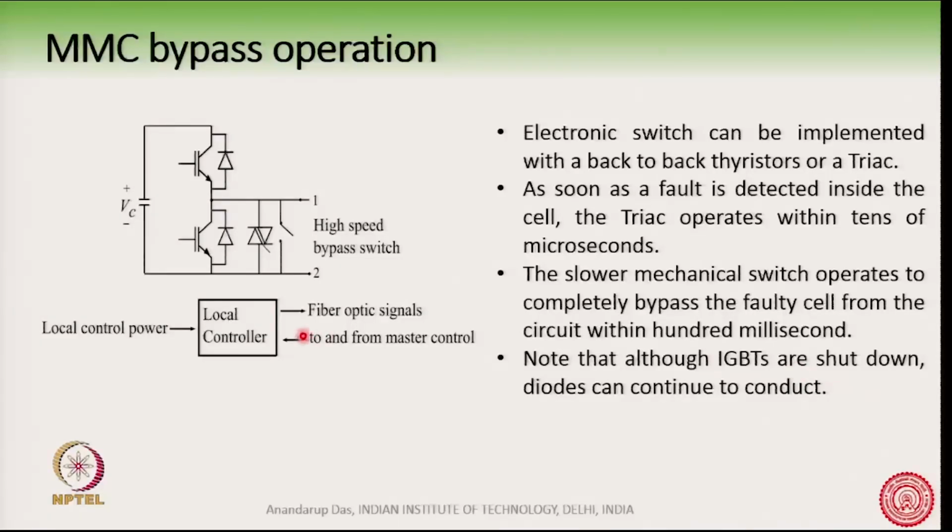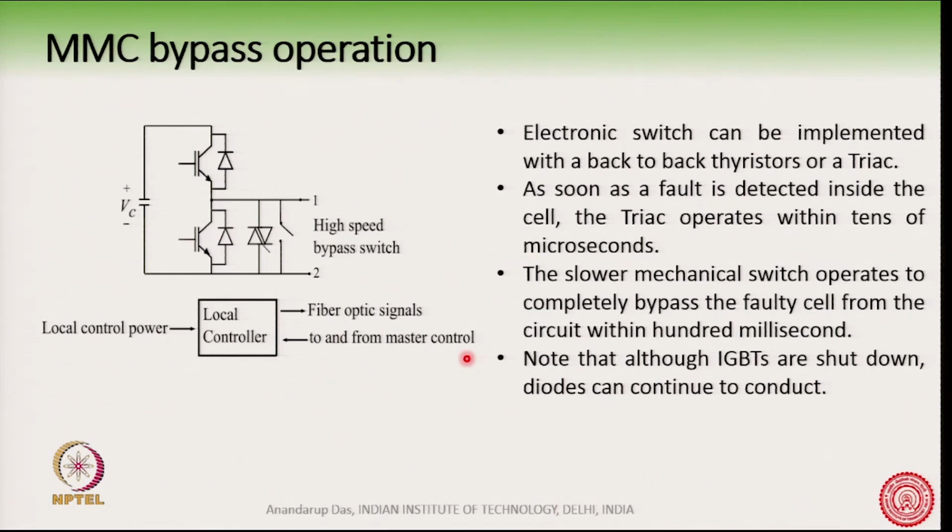Because there is a local controller and a to and from link with the master controller. The master controller is seeing the overall operation of the converter. For example, the MMC may be working as a rectifier for HVDC.